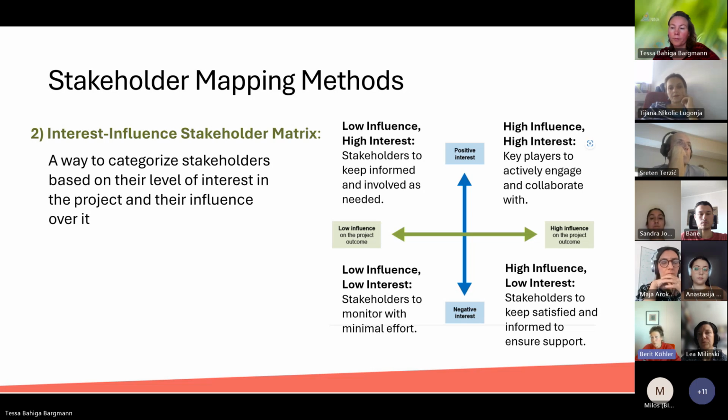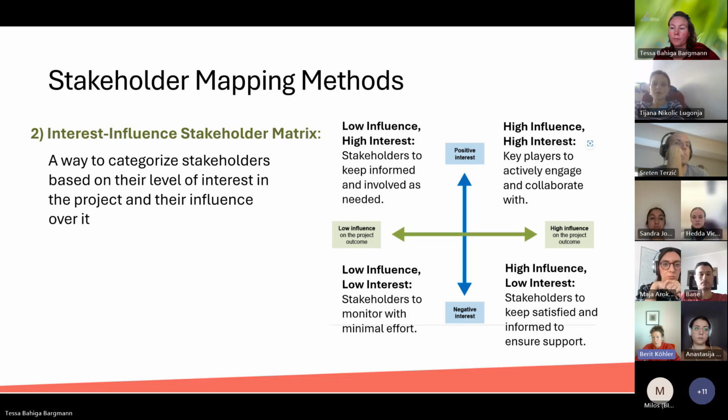For example, stakeholders that have high influence on the project or the project matter and also have high interest would potentially be key players to actively engage and collaborate with. We would also potentially have stakeholders in the lower left quadrant with high influence and low interest. These might be stakeholders to keep satisfied, to be informed, and to ensure their support.